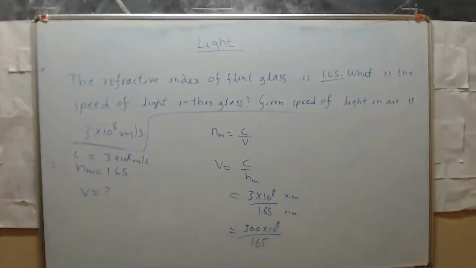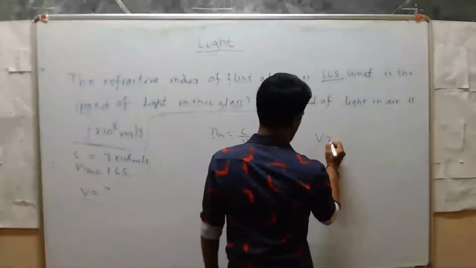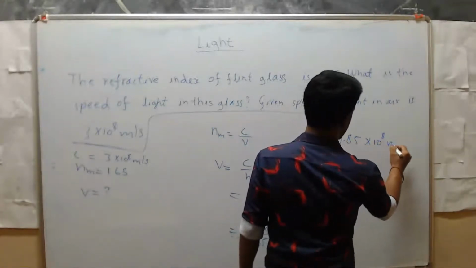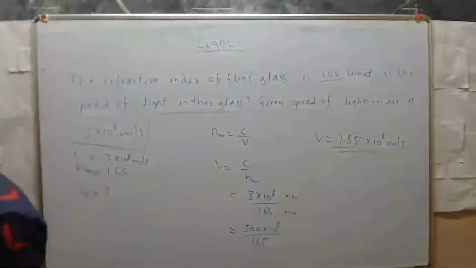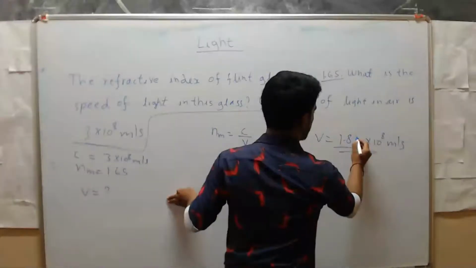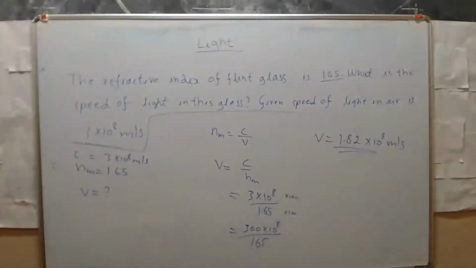So what is the answer? V is equal to 1.82 into 10 raised to the power 8 meter per second.